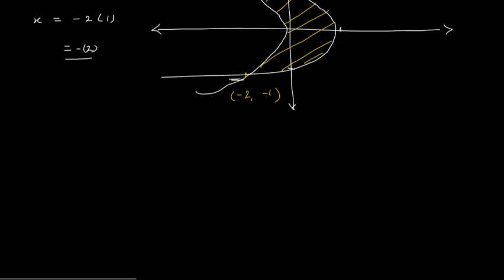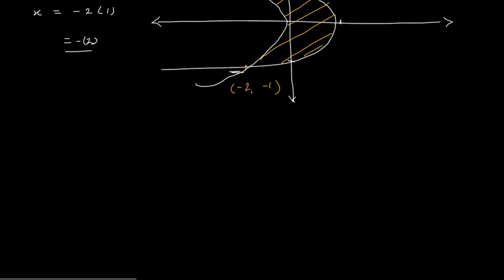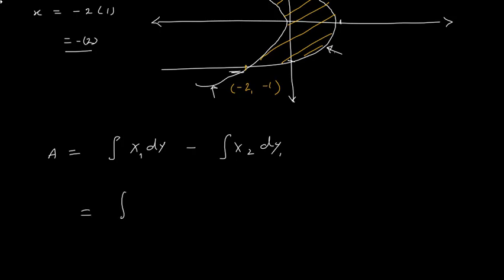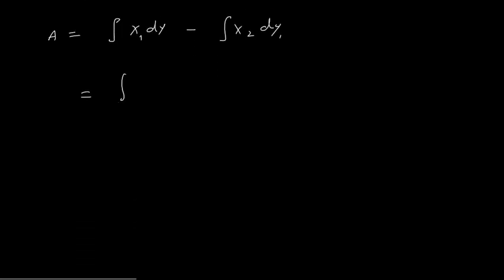The formula for area is the integration of x1 dy minus x2 dy, where x1 is for this curve and x2 is for this curve, and the limit for y is -1 to +1.